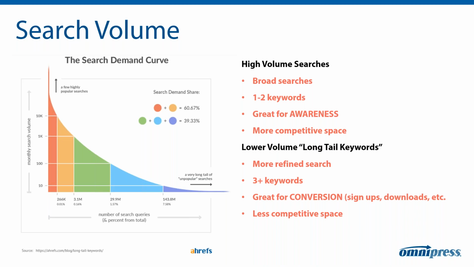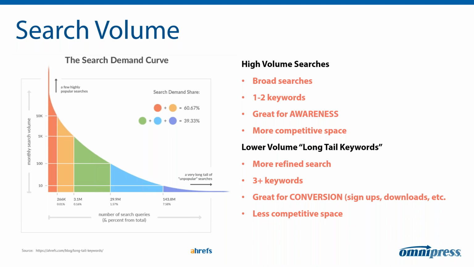And so people will need to refine their search criteria to pull up a more relevant result. So you can think of this as I'm searching tennis shoes. That would be the high volume 1 to 2 keyword search. And I'm going to get a lot of information, but it's not going to be specific to my needs.